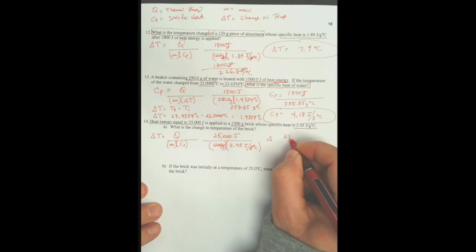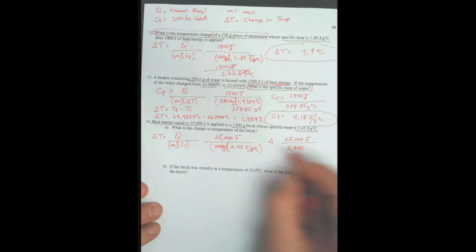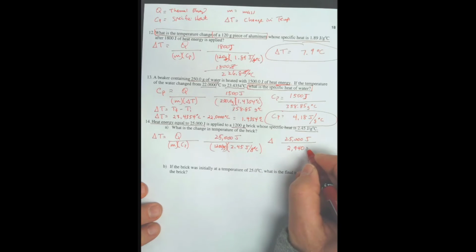So I'm going to just get started on this over here. So I know that I've got 1,200 grams times 2.45. That leaves me 2,940. And since I've already gotten rid of these over here, that's going to make this joules over degrees Celsius.